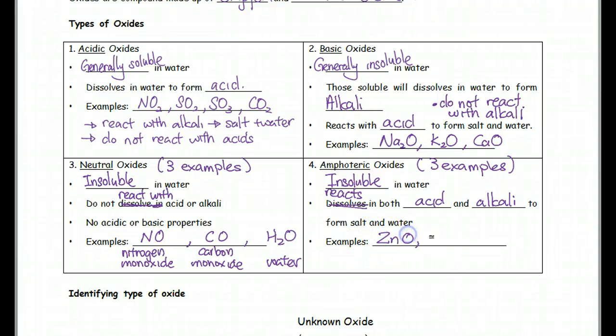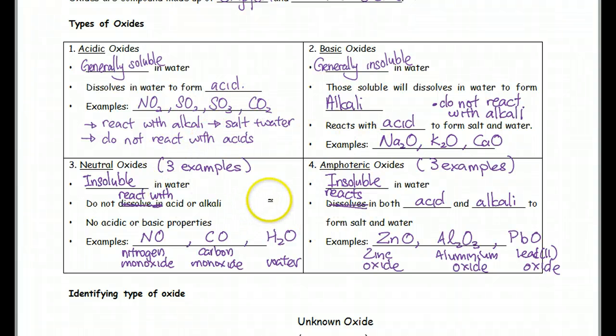It is your zinc oxide, your aluminium oxide, and last one is your lead(II) oxide. So these are the four different types of oxides.